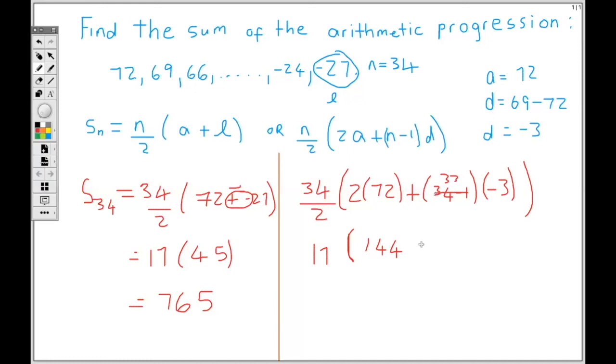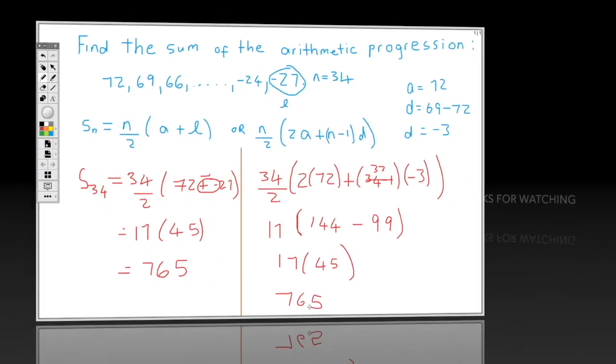Now we have a plus, the plus is changed to minus, so it's -99. Now 144 minus 99 will give us 45. And then 45 multiplied by 17 will give us the same answer, which is 765. So as you can see, it doesn't matter which formula we use.